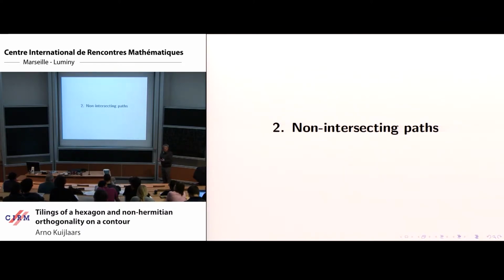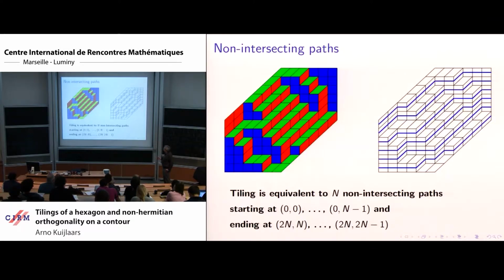Okay, so there is a way to look at this from non-intersecting paths, right? Which is very well known to people who work on this, but still, let me explain. Not everybody may have seen this. So, given a tiling here, okay, I use other kind of colors, but you can put some lines on each of the possible tilings.